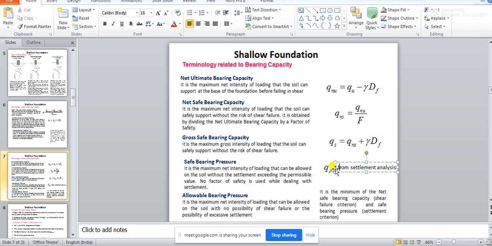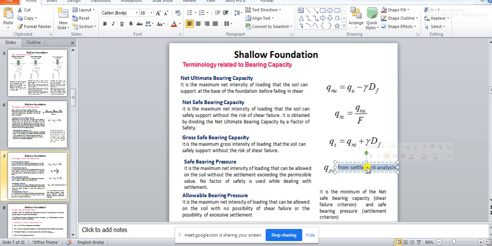This safe bearing pressure you will get from the settlement analysis of soil, basically the consolidation settlement and immediate settlement you have learnt in your 4th semester course. From those, and from the Indian Standard codes with their codal provisions, you should be able to find out this safe bearing pressure.